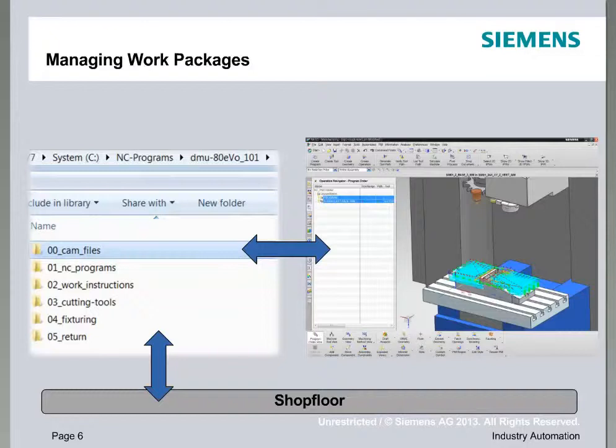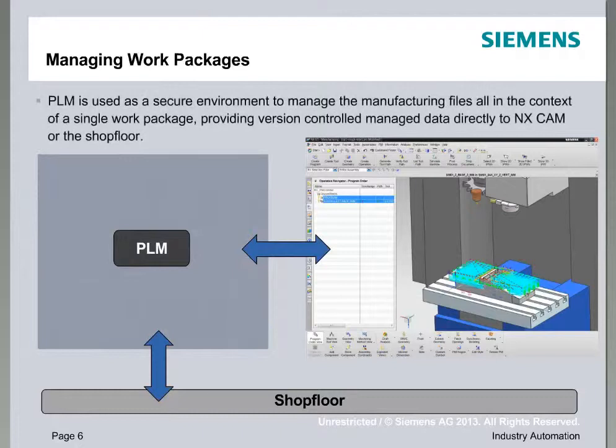What we're talking about, when we talk about our concept of work packages, is really replacing that folder structure with a PLM environment that can sit there in the background as a back office application almost, and provide this mechanism for vaulting and controlling and managing this data.